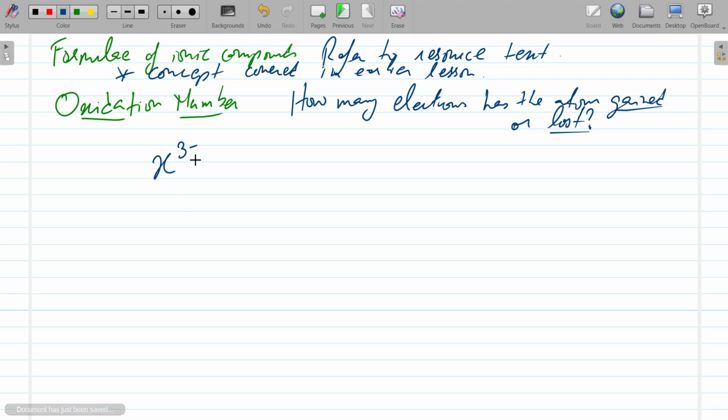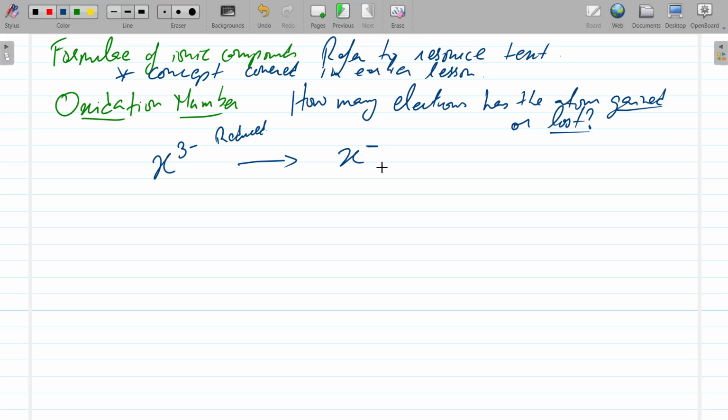At this point, you would say that it is reduced because 3 minus basically means that it gained 3 electrons. Then it went from 3 minus to just a single negative charge.